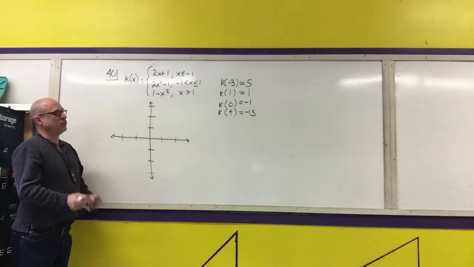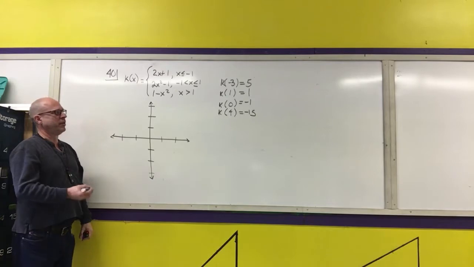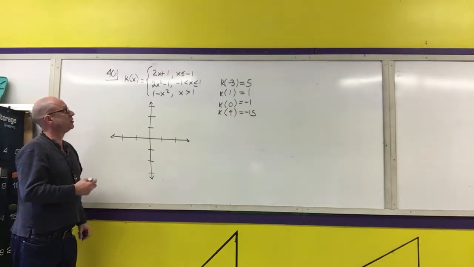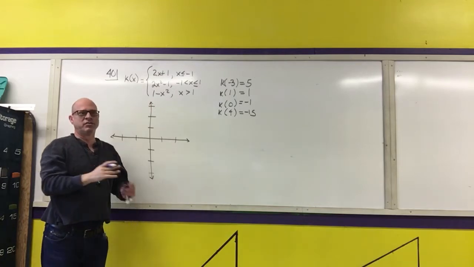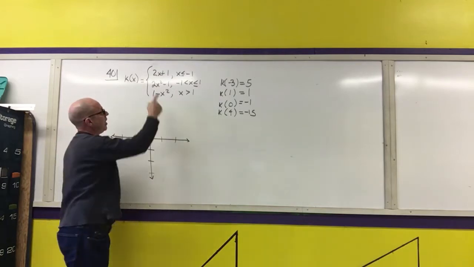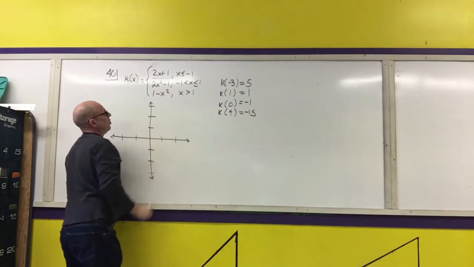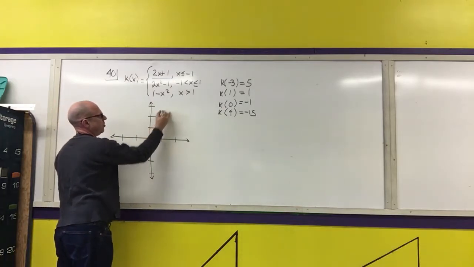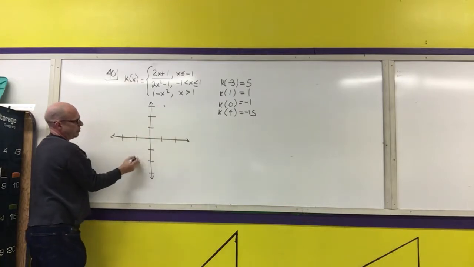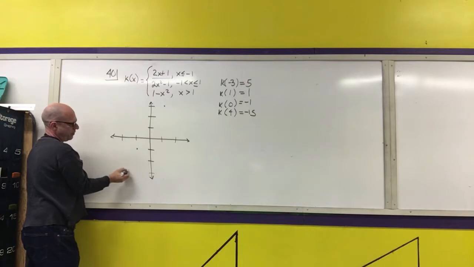Now for graphing piecewise functions. Again, make sure you're doing them in pencil so that you can erase. So we want to graph all three of these functions, then we want to erase those areas where the domain is not within that portion. So the graph of 2x plus 1 has a slope of 2 and a y-intercept of 1.